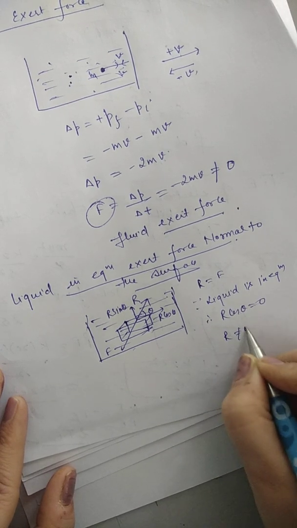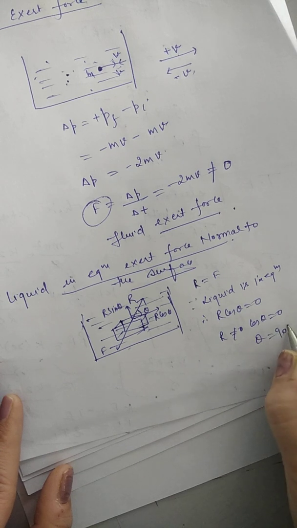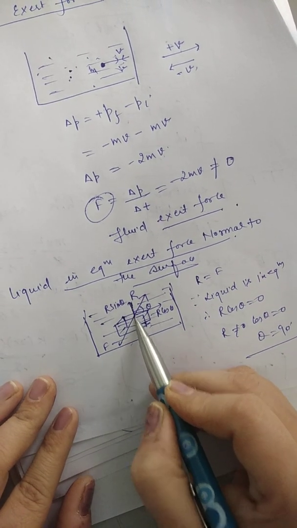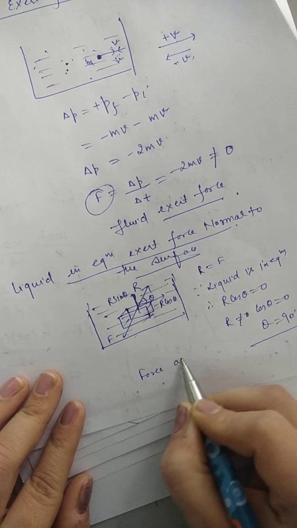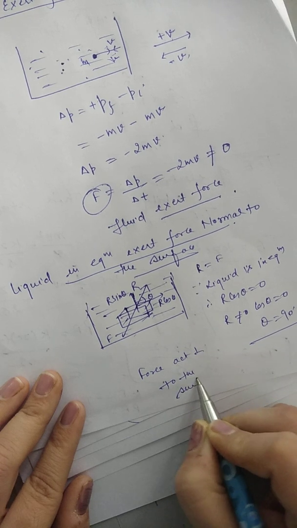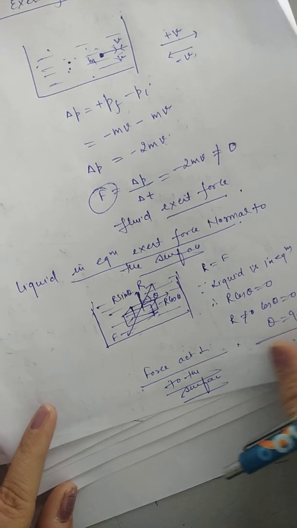R is not equal to 0, therefore cos theta equals 0. तो theta कितना हो जाएगा? 90. This means this normal reaction is perpendicular, or you can say that the force acts perpendicular to the surface.